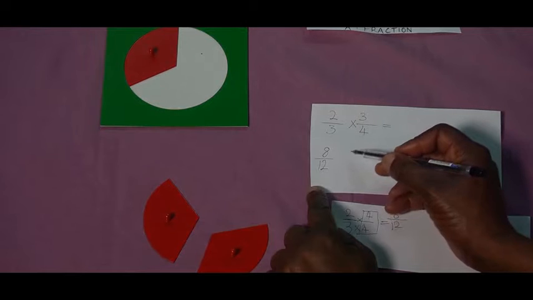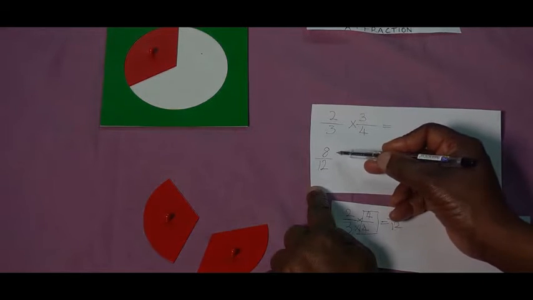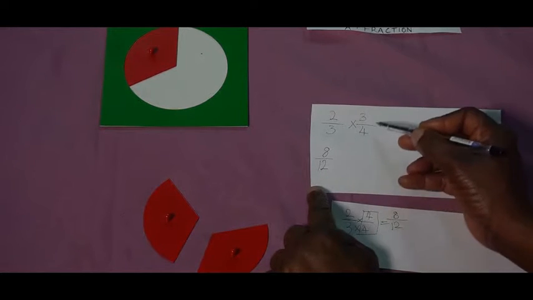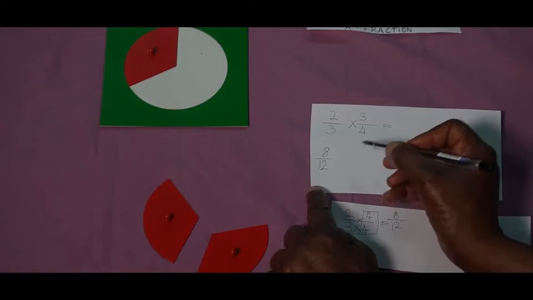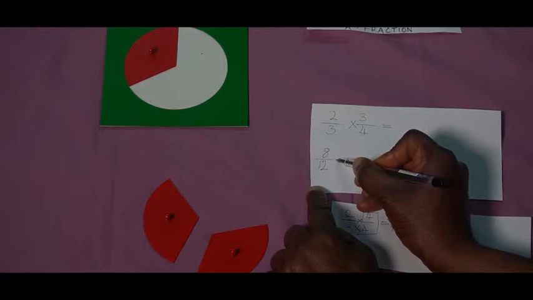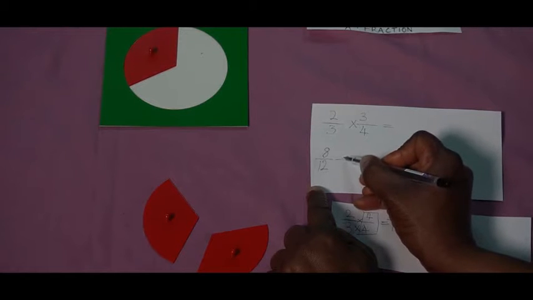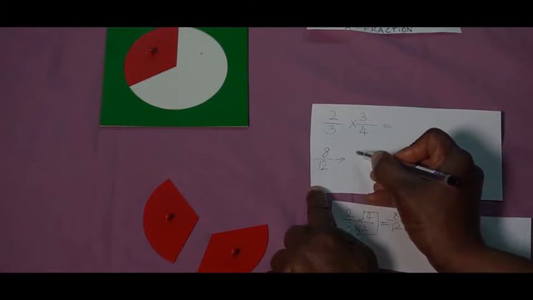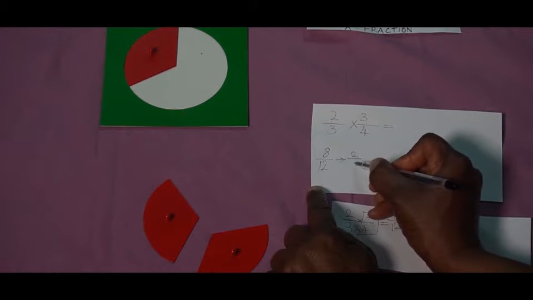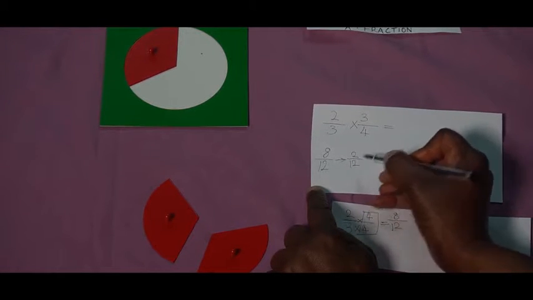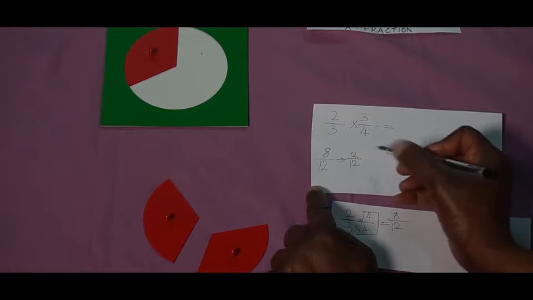Our multiplier is telling me that I have to take these 8 twelfths and break them into 4 equal groups. That means I'm taking this 2 twelfths. I want to break it into 4 equal groups.